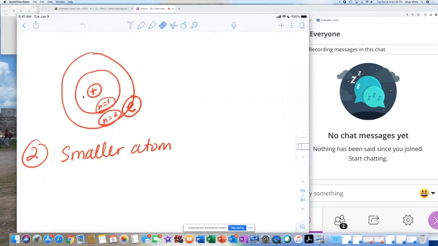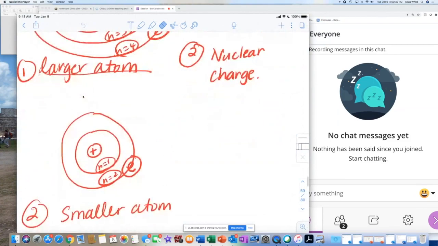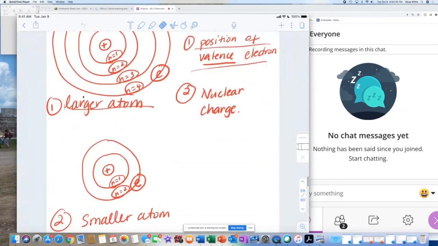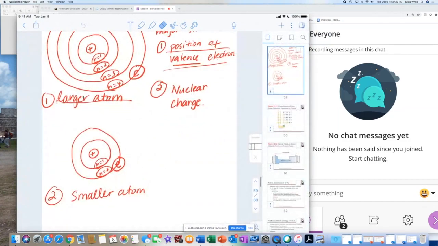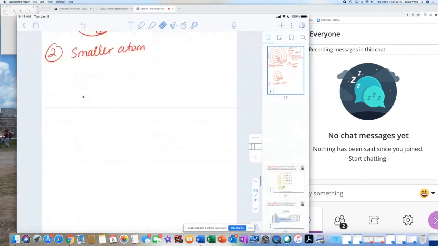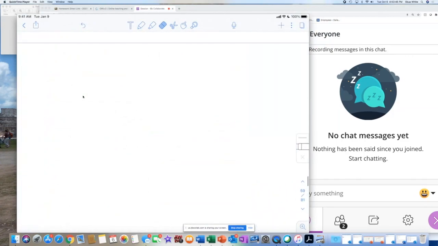Okay, great. So yeah, you can see the size of the atom, right? Larger atom makes more sense. Smaller atom makes sense. Next one is nuclear charge. To show you that, I'm going to add a page here and show you how nuclear charges can be different. The nuclear charge, like the name suggests, is the charge on the nucleus.